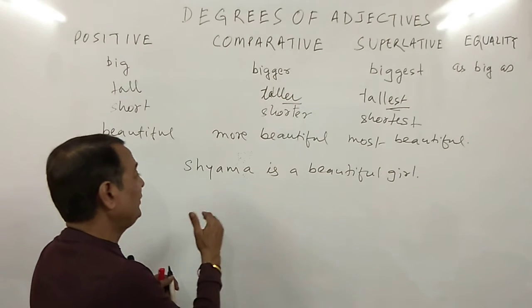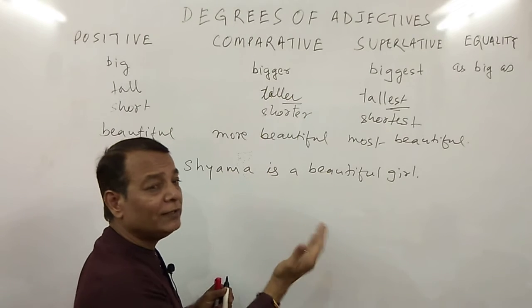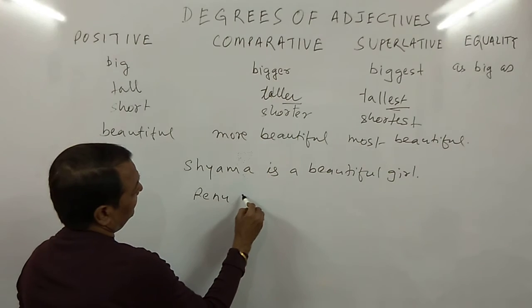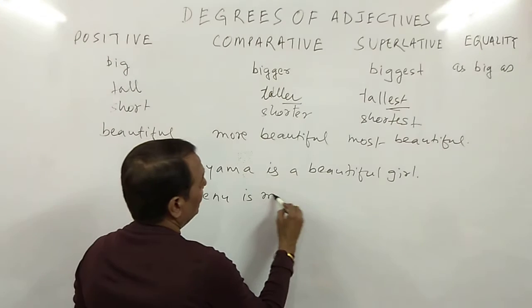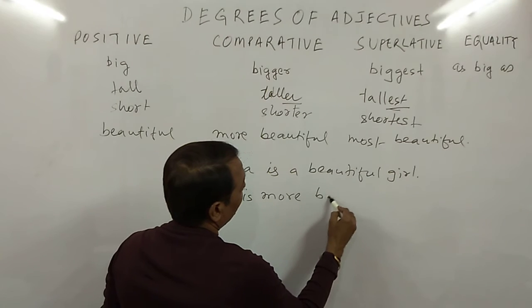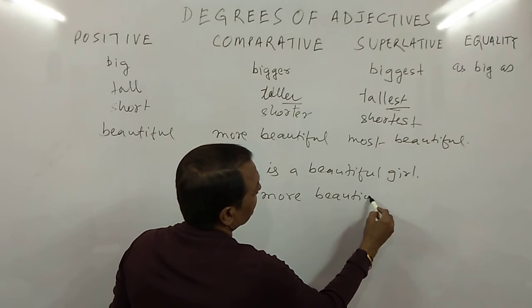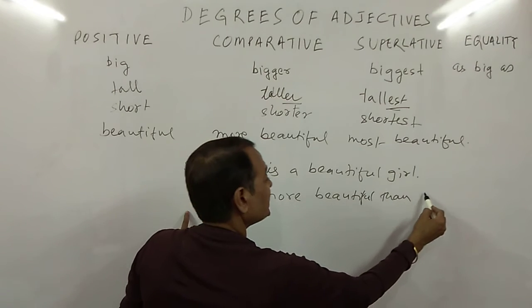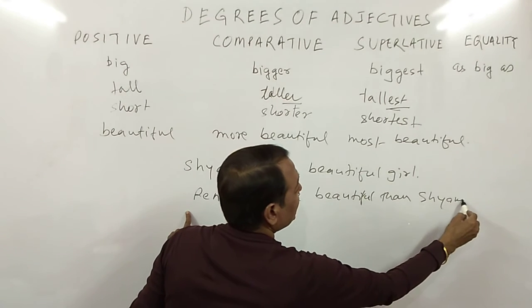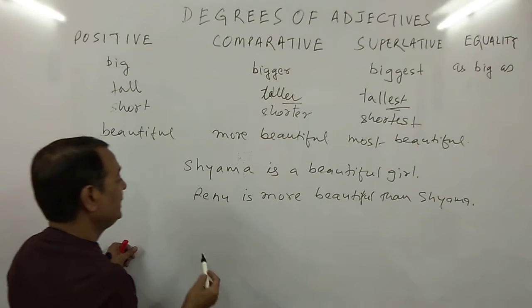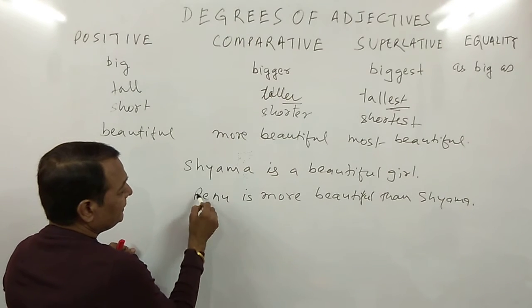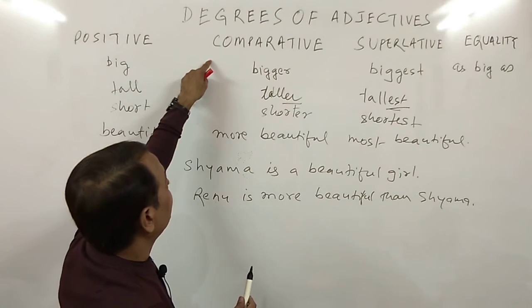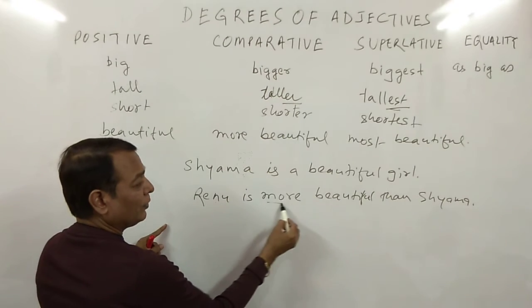But suppose you compare one more girl with Syama, and now you are writing Renu is more beautiful than Syama. Here in this sentence, you are comparing Renu with Syama. There are two persons you are comparing, and then you are using more beautiful.